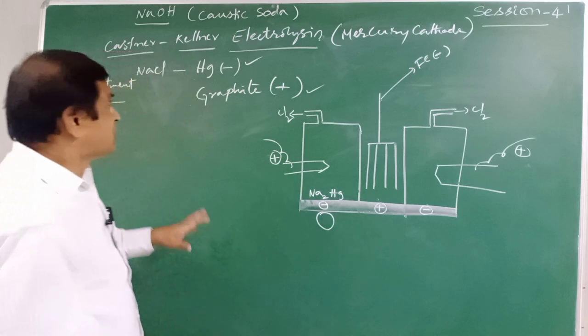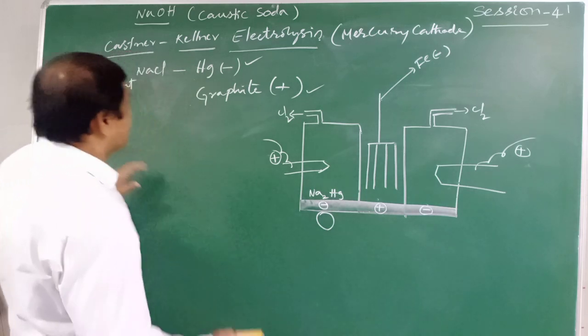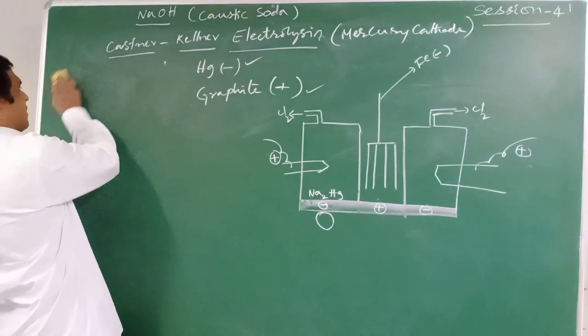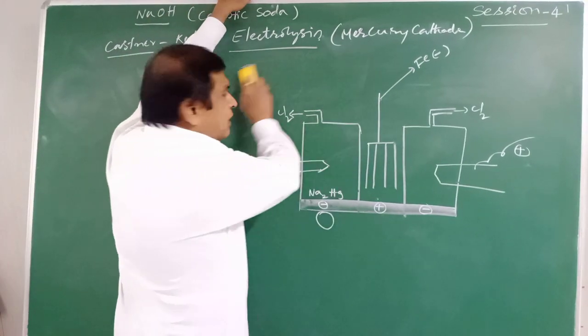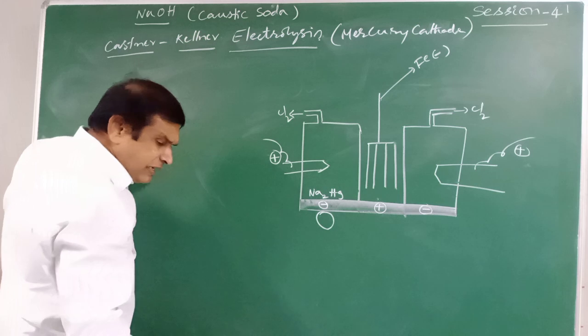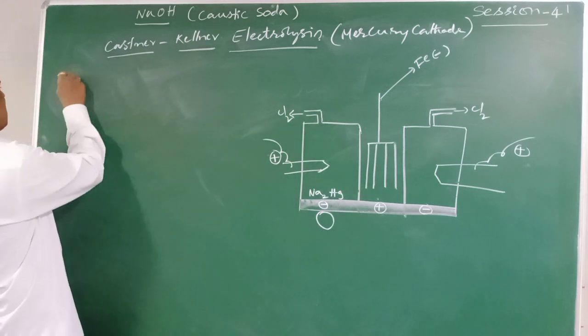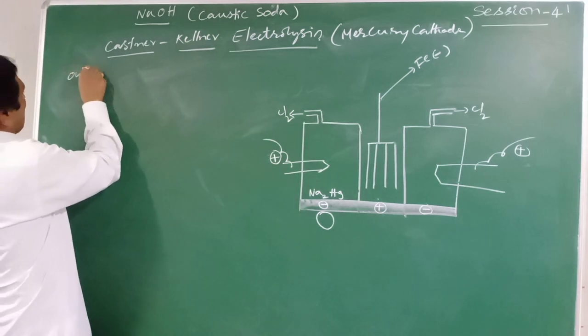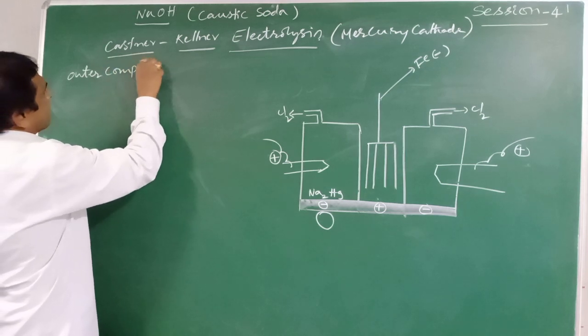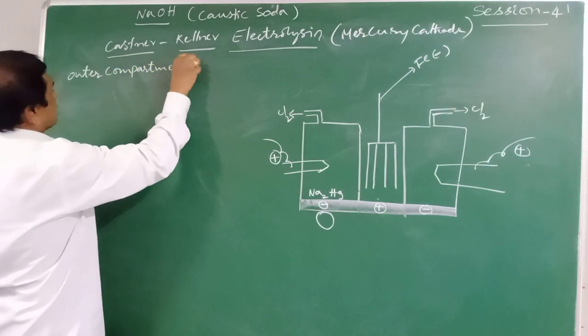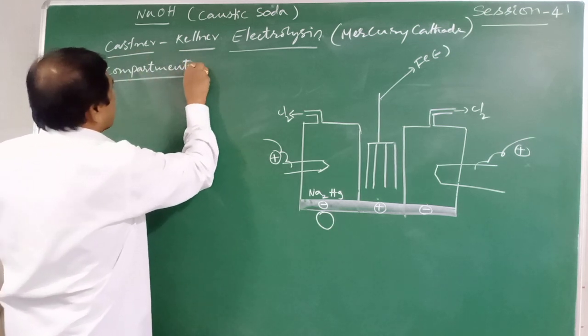Once again, let us write the electrode reactions, then only you can understand clearly. We have the outer compartments and the middle compartment. First let us take up the outer compartments. In the outer compartments, which reaction is going on?